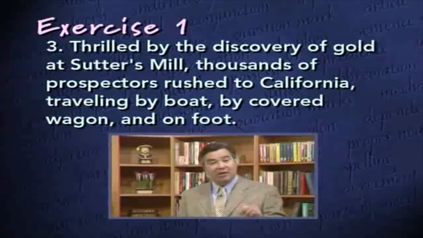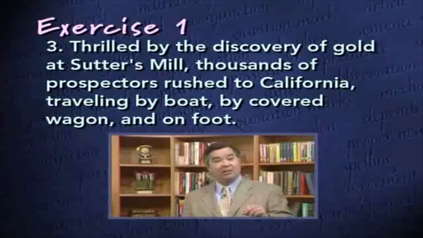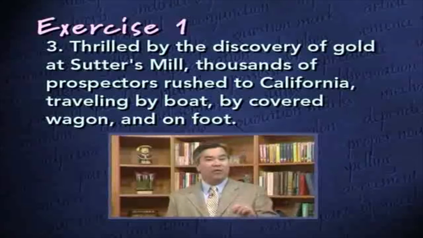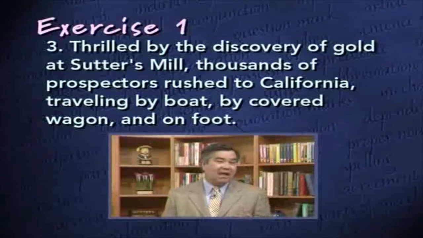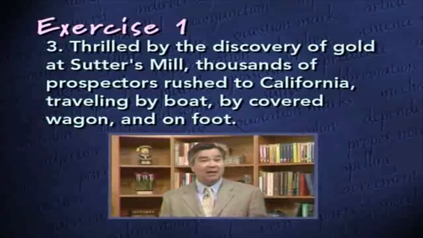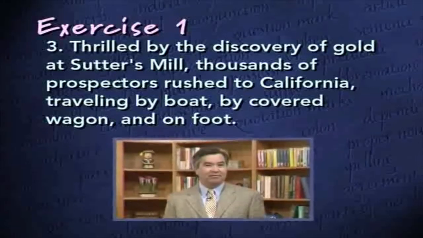And that would give us the feeling of parallelism that we're looking for by having 3 items all set up in the same grammatical form: a preposition followed by the mode of transportation. The exact word doesn't always have to be the same as long as the grammatical structure or form is the same. That's what parallelism is all about.